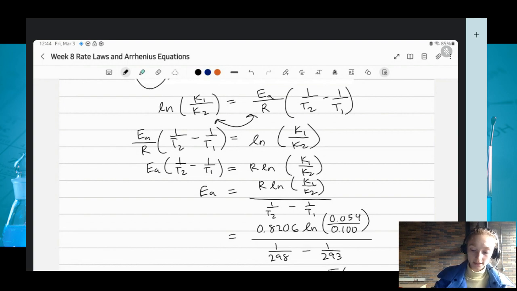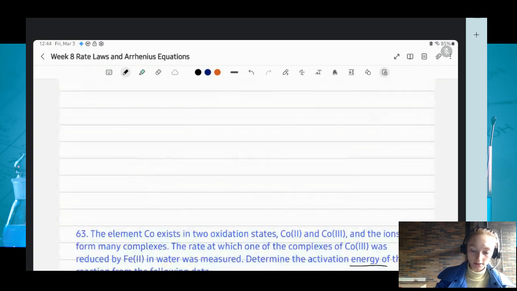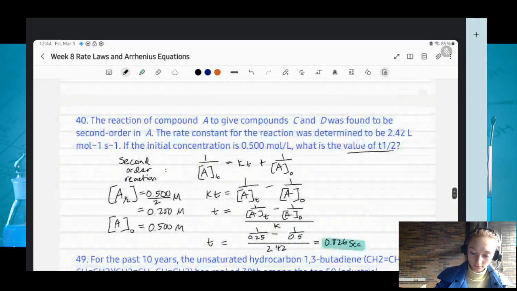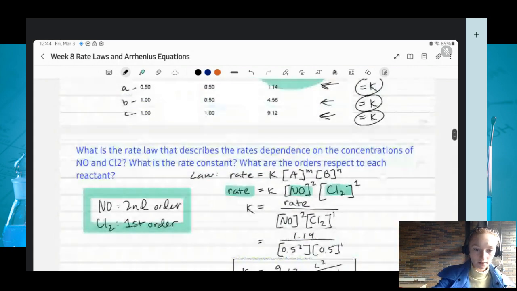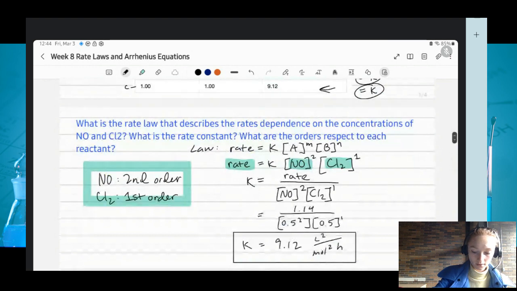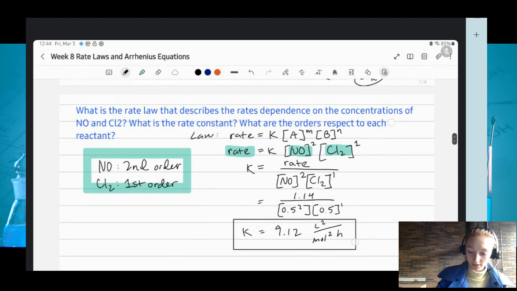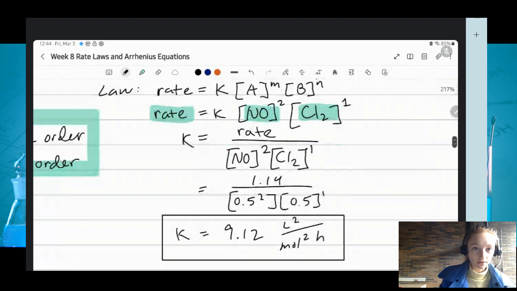Like for example, the one that we did right up here. How we knew the K constant was that kind of value for the units. When I was solving for this problem, I made sure it made sense, so I can do that for you right now.